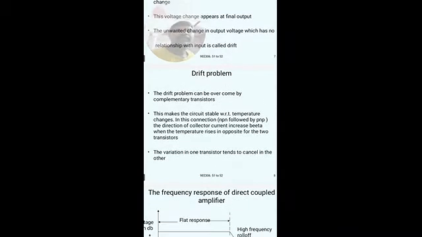That reduces the drift problem, because of the direction of the collector current. Though beta of the NPN and PNP transistors increases the collector current with temperature, the direction of the collector current is opposite in the NPN and PNP transistors, and they cancel each other, thereby removing the drift in the direct coupled amplifier.